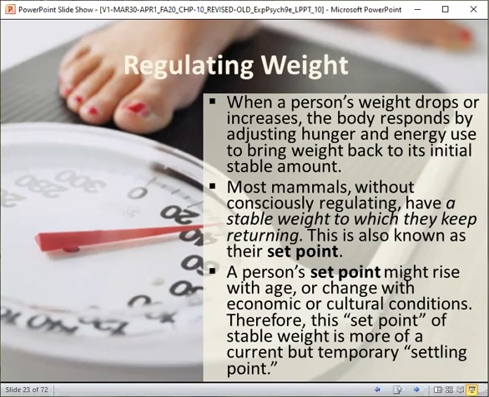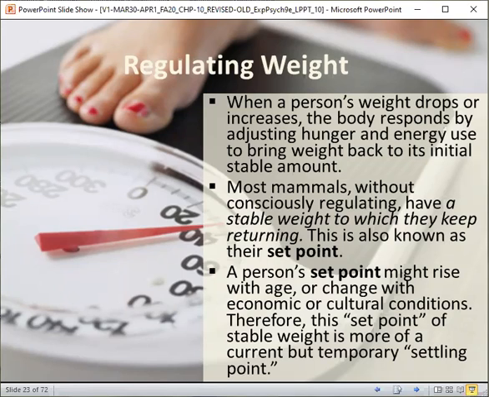Okay, so once it's been established, the big challenge is going to be trying to change it. Trying to change it will be somewhat difficult to do because what will happen basically is this: as you try to lose weight, your body will say, no, no, you're going beneath the set point here.